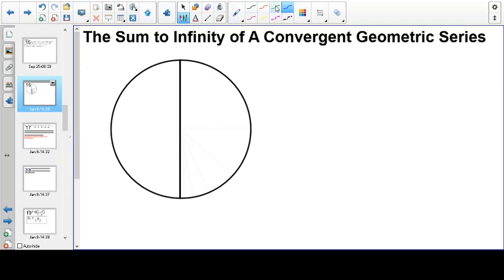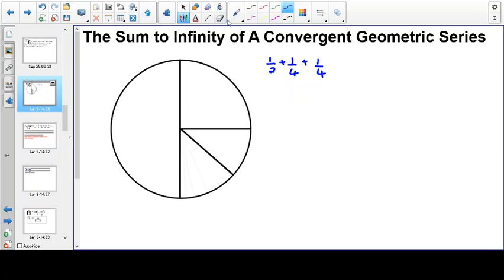If I split it in half, then that's a half plus a half. So those two still add up to a whole one. Now I could split that again, and that is now a half plus a quarter plus a quarter. That's still a whole one. But I could split that again.